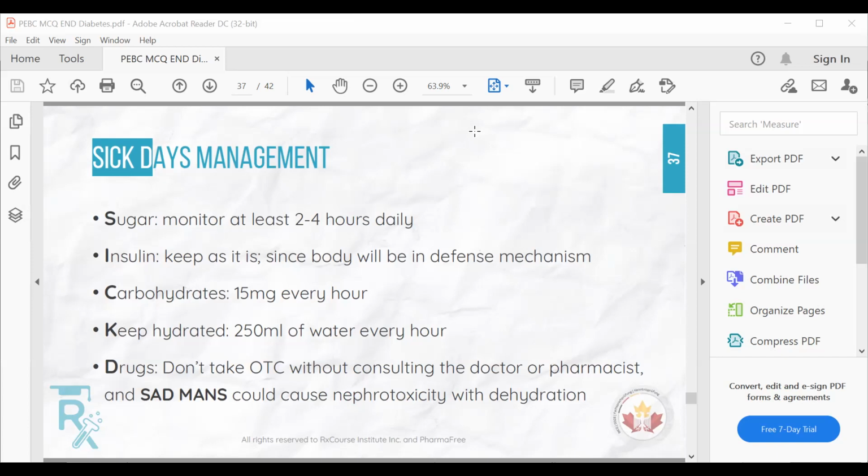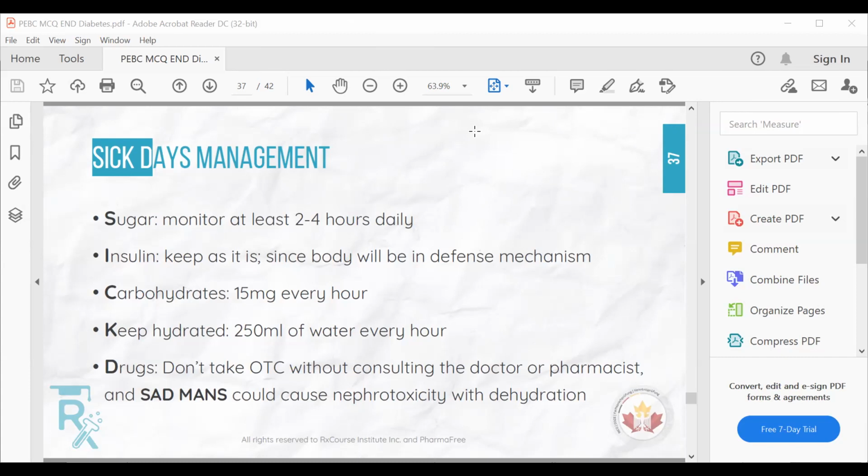Okay? In addition to that, I need to make sure that I am stopping certain medications in the sick day. These medications can be abbreviated by SAD-MANS. SAD-MANS.